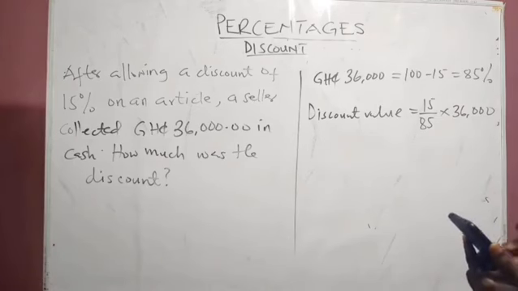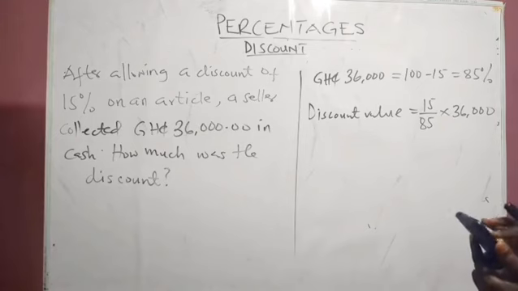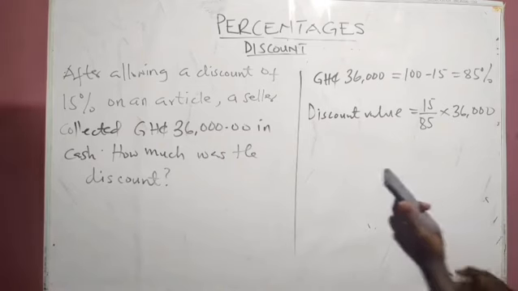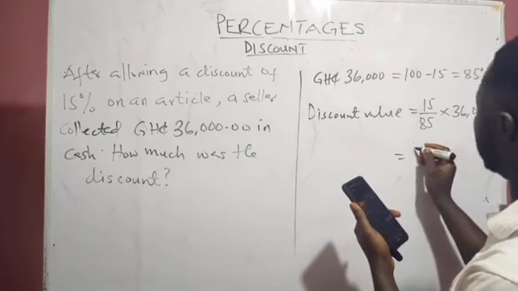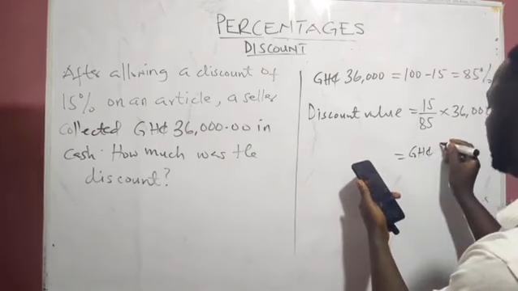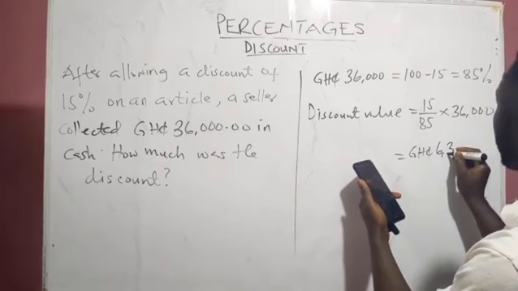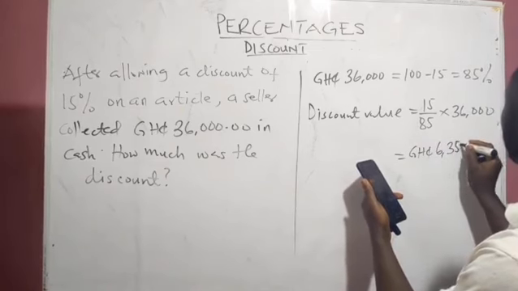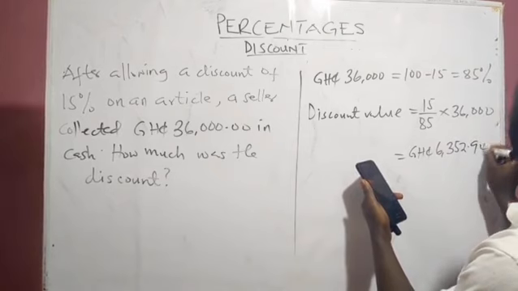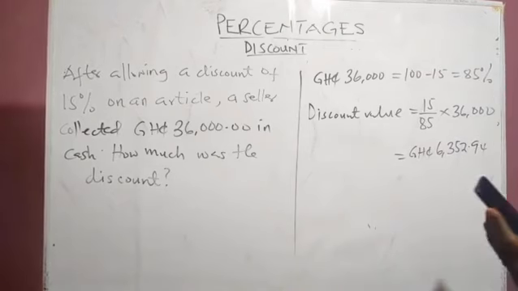So 15 over 85 times 36,000. That will give us 6,352.94 Ghana cedis.